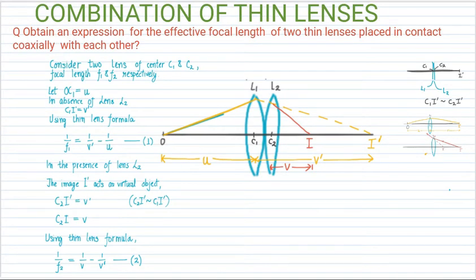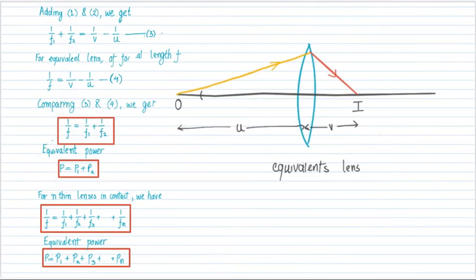In combination of lenses, suppose two lenses are placed in contact with each other. It doesn't matter whether it is a convex lens or a concave lens. If two lenses are placed in contact and coaxially, meaning along the same axis, the focal length can be written as 1 by f equals 1 by f1 plus 1 by f2.